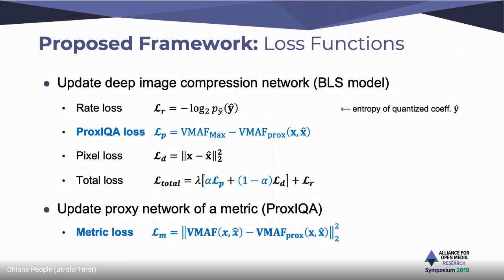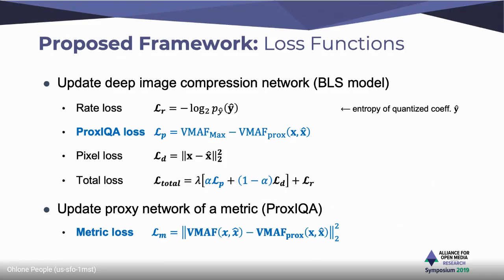So basically, I add an L_p term, where VMAF max is 100. It's the maximum value of the dynamic range of VMAF. And VMAF prox is the neural network output given an X and X hat. So this is the ProxIQA loss.